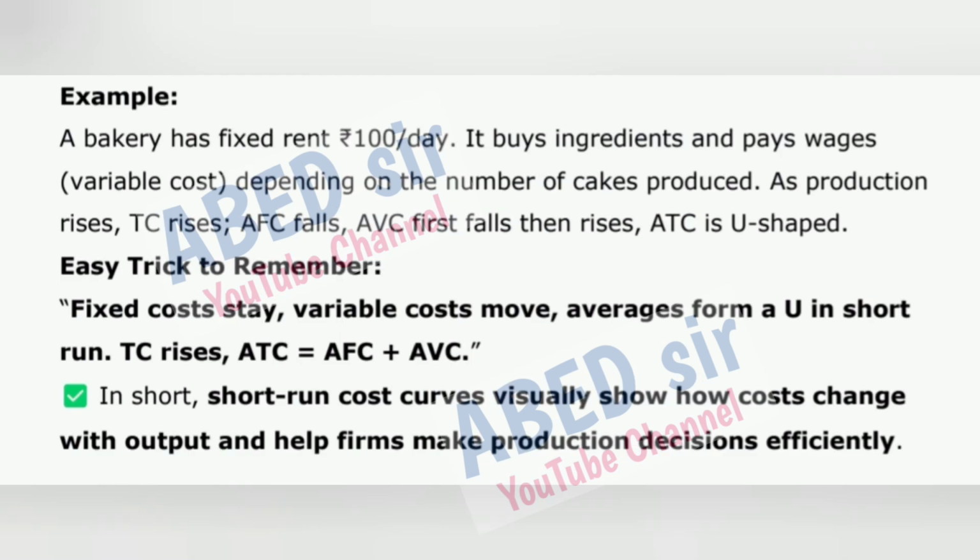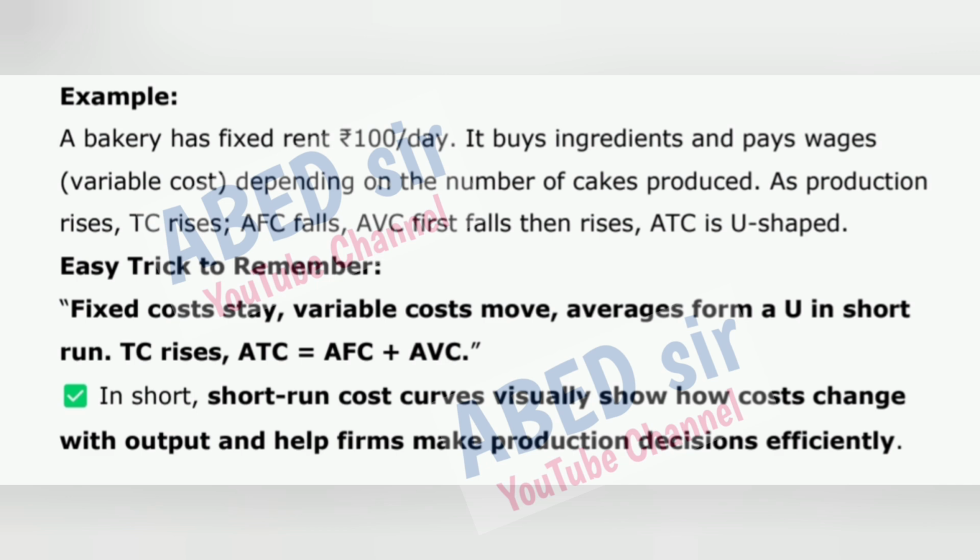Example: a bakery has fixed rent of 100 rupees per day. It buys ingredients and pays wages, which are variable costs depending on the number of cakes produced. As production rises, TC rises, AFC falls, AVC first falls then rises, and ATC is U-shaped.